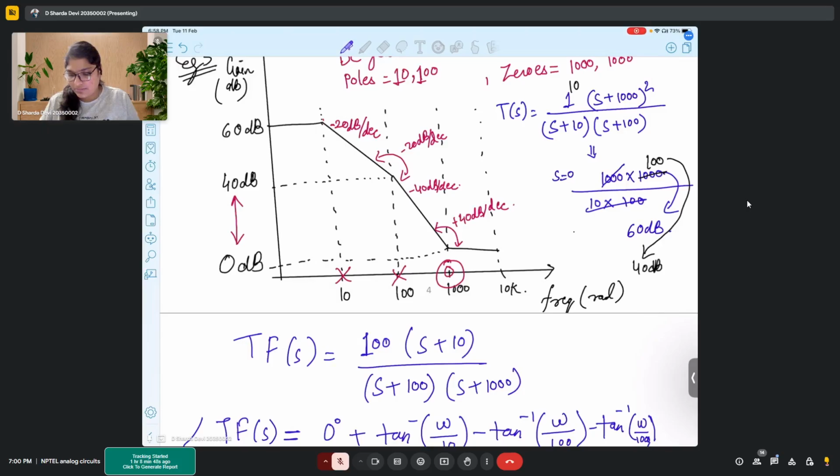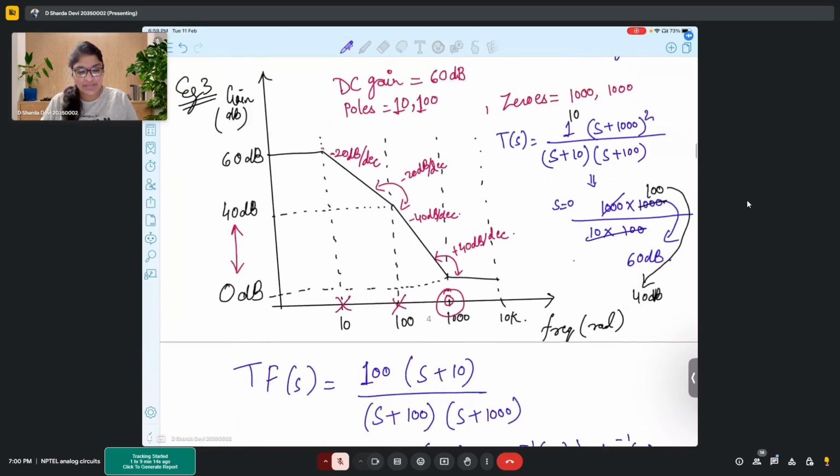Yes, decibels per octave is also a unit used. It is also a similar kind of notation for slopes. So here the slopes we are denoting with dB per decade, where we are considering the decade as our frequencies, right? Yes.